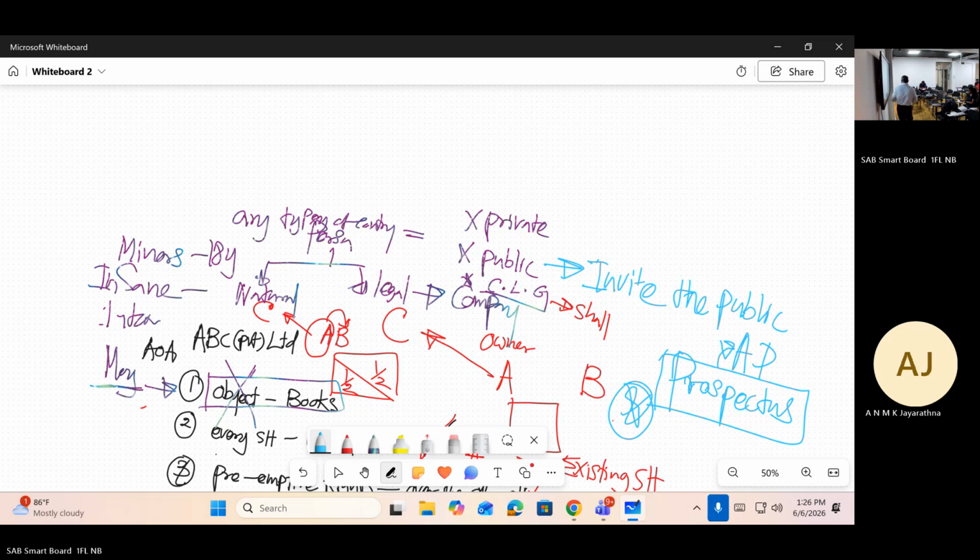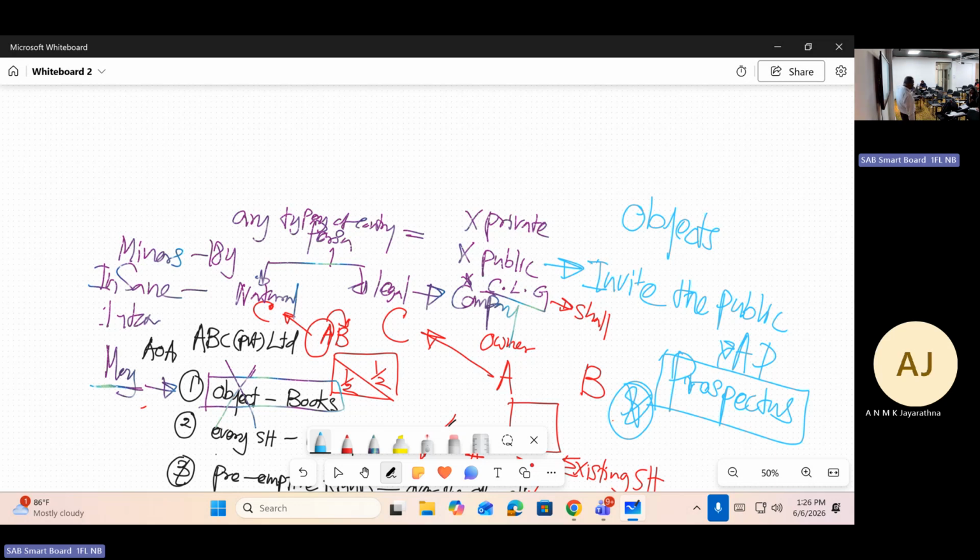Information means the objects of the company. Even if this company has not mentioned the objects in the articles of association, they have to mention their objects in the prospectus.